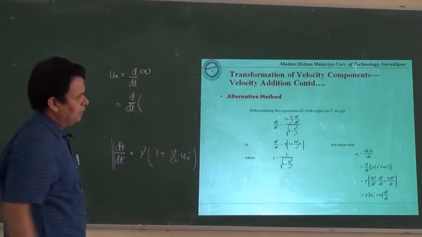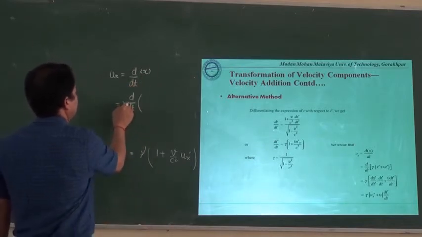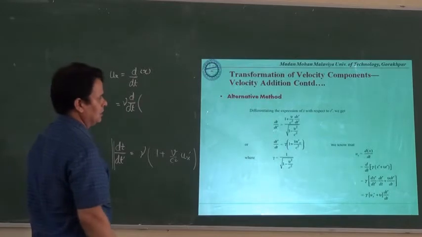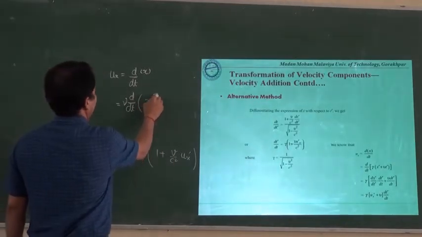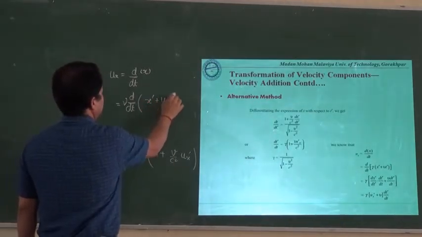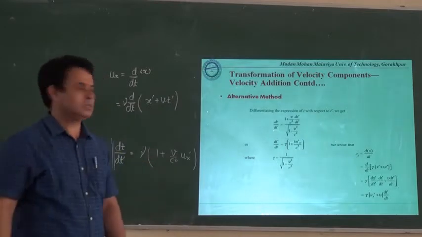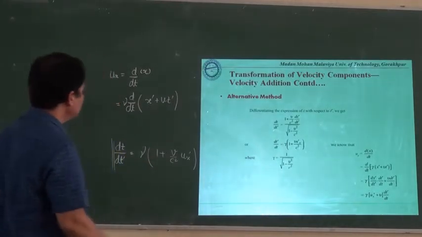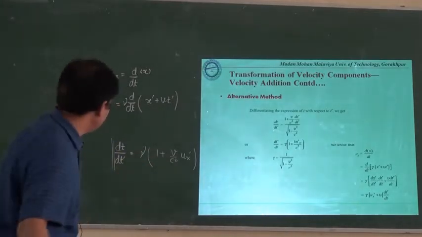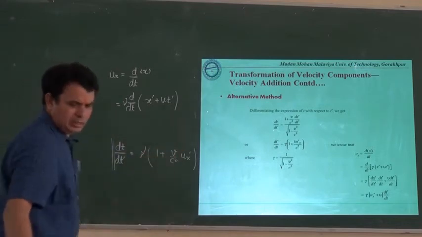Here we have written the transformation of the x component. First gamma is outside because it is a constant, and here we will have x dash plus vt dash. If we differentiate it, what we get is important here.